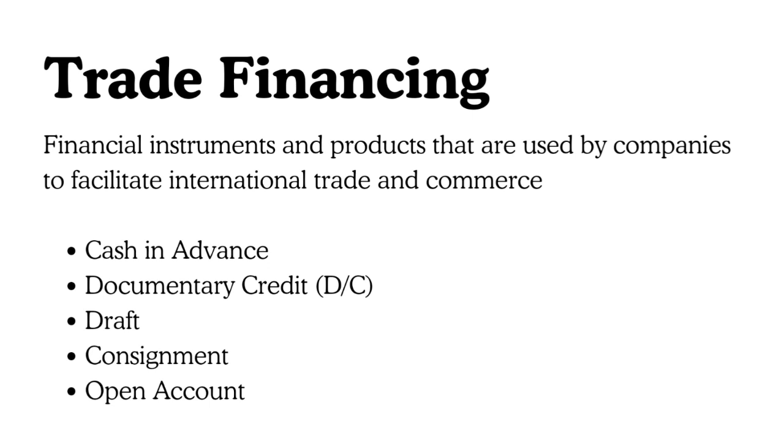Open account selling, on the other hand, involves shipping goods first and then billing the importer at a later date. The credit terms are arranged between the importer and the exporter, and in this kind of arrangement the exporter does not have much information about the importer's obligation to pay.